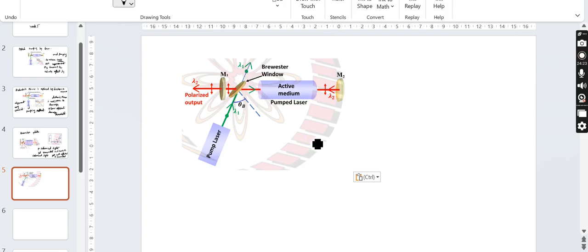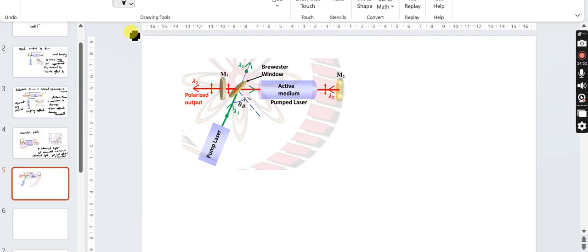So we are using end pumping, and this is again the normal to the face of the Brewster plate. And we are launching the pump laser at the Brewster angle. So the s-polarized light gets reflected and transmitted, but the p-polarized light only gets transmitted.